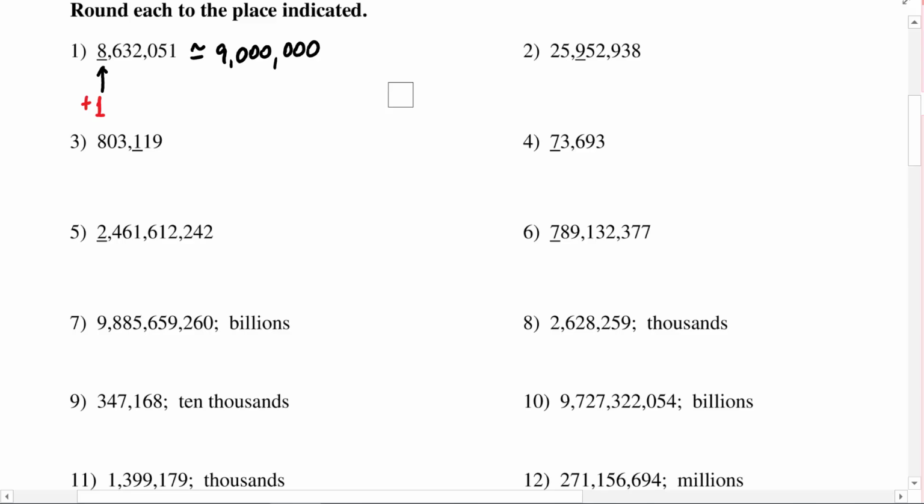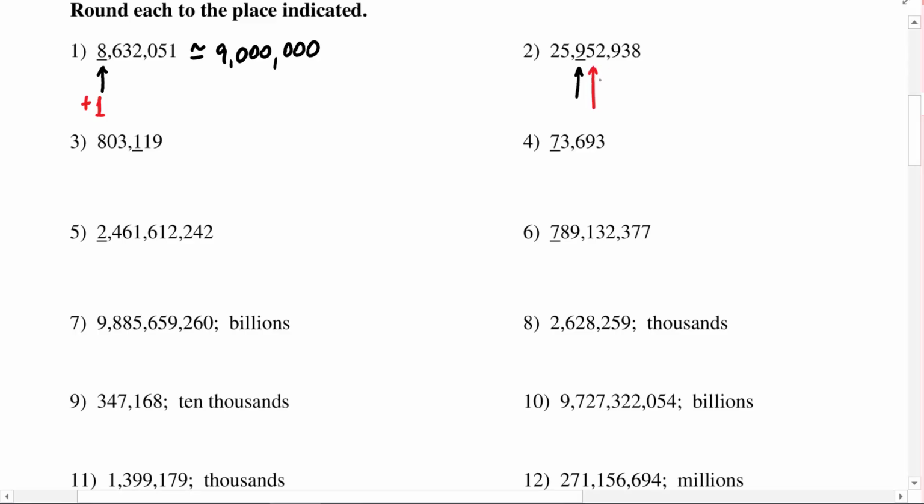become 0. So let's take a look at, for example, problem 2. We have 25,952,938, and we want to round to the 100,000 place. Again, we look at the digit next to it.